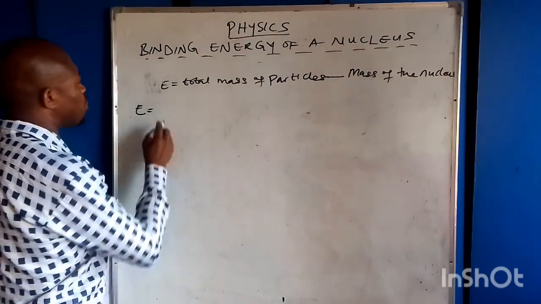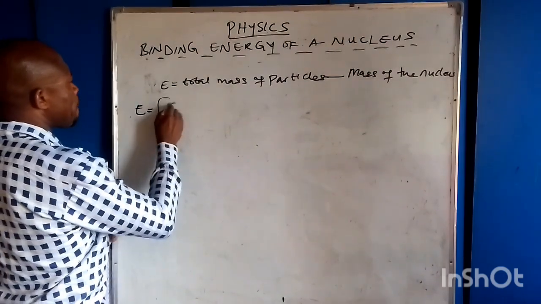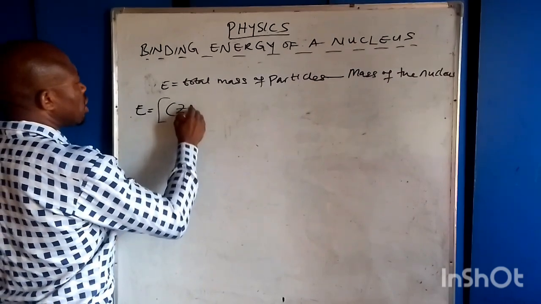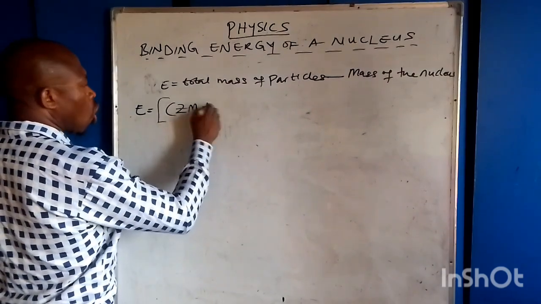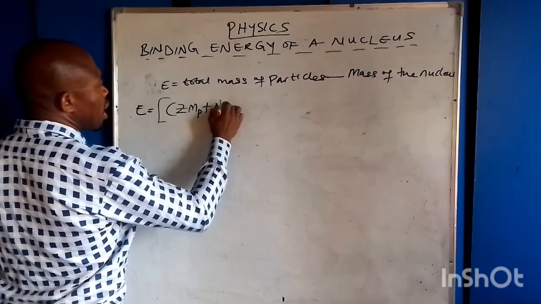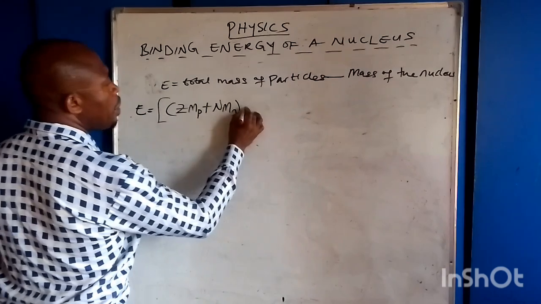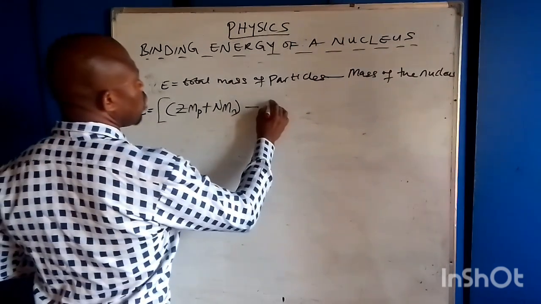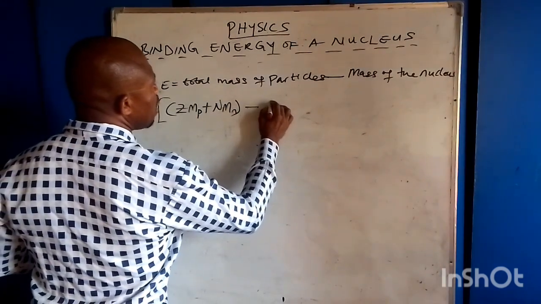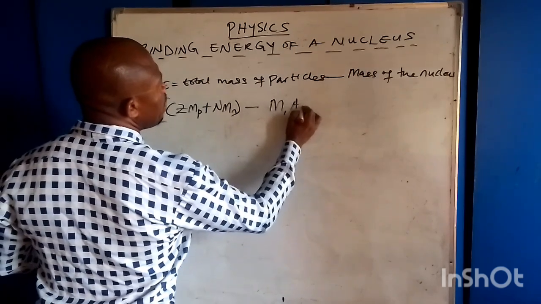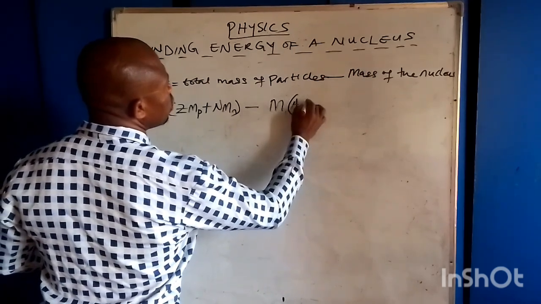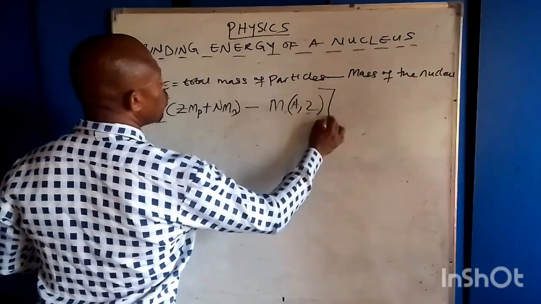The total mass of the particles is ZMp plus NMn. This is for the particles. Minus the mass of the nucleus, M of A Z put together.